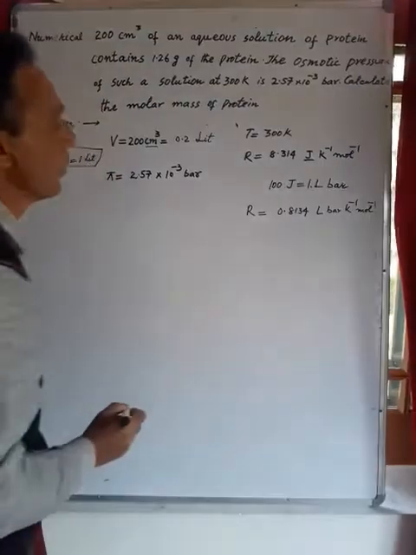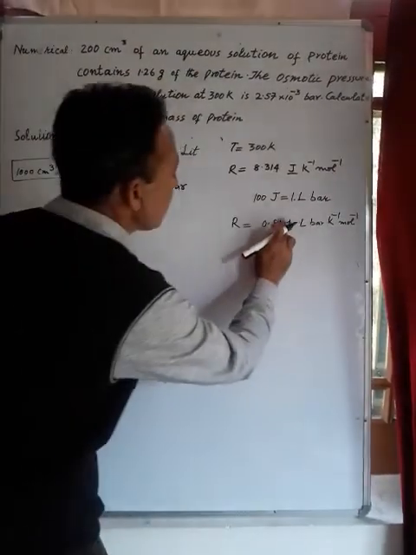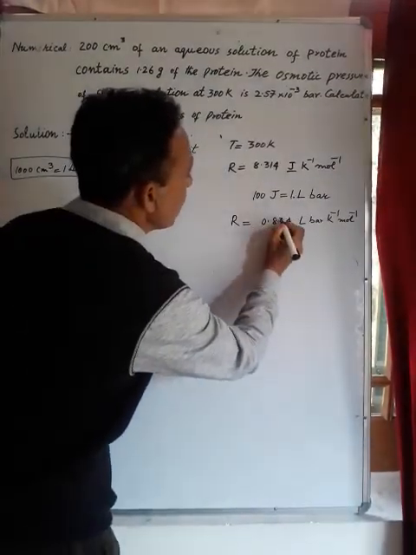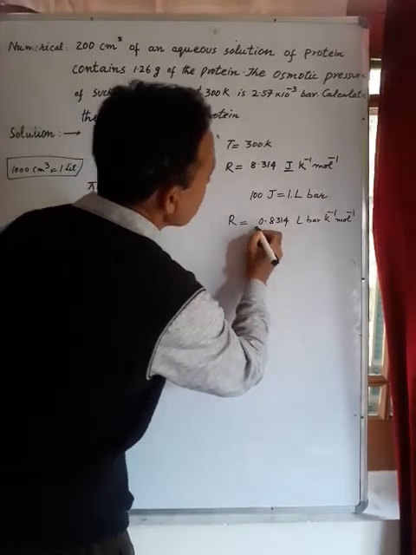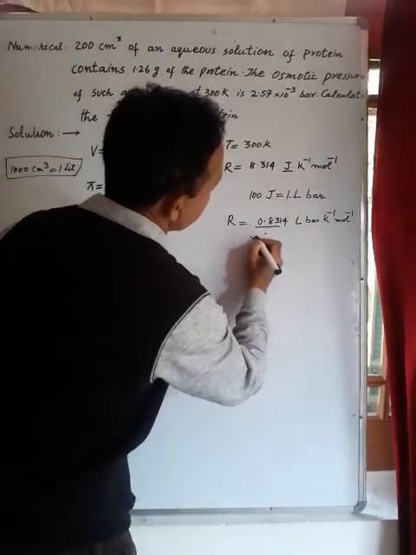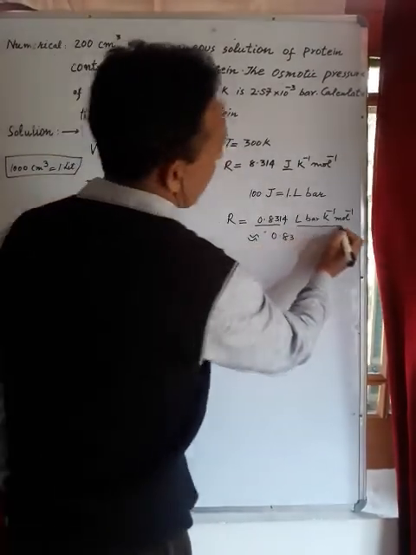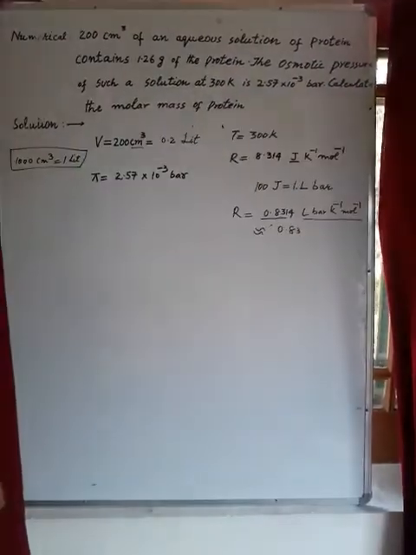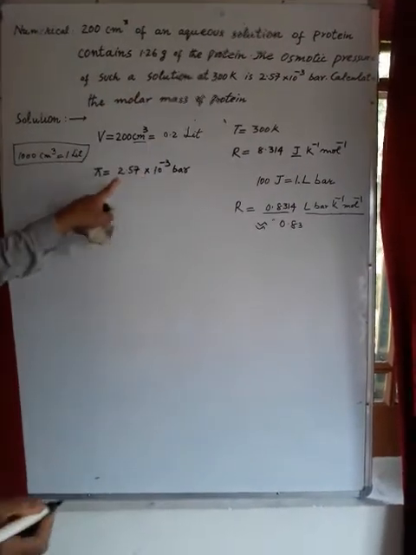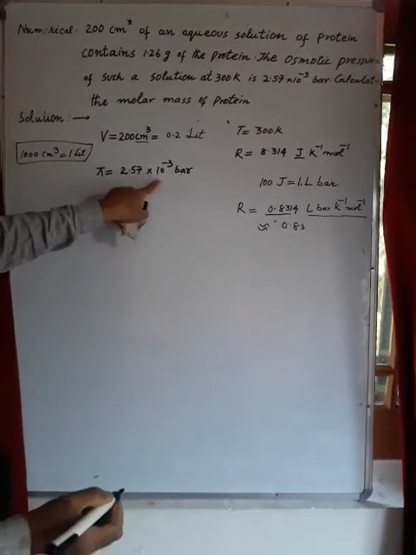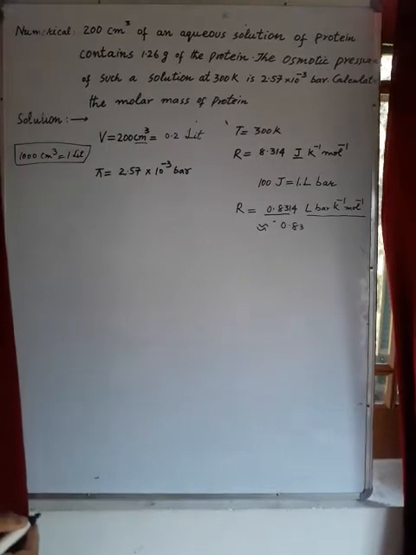We will take only up to 2 places of decimal, that is approximately 0.083 liter bar per Kelvin per mole. And the osmotic pressure is equal to 2.57 into 10 raised to power minus 3 bar.